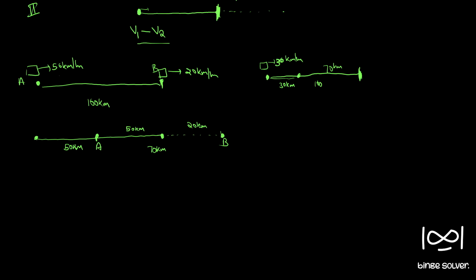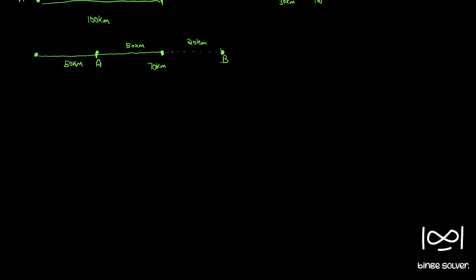And here also I will just explain one example question. In the second scenario, say person A is here and person B is there, 100 kilometers apart. A is traveling at 30 km per hour and B is traveling at 20 km per hour.